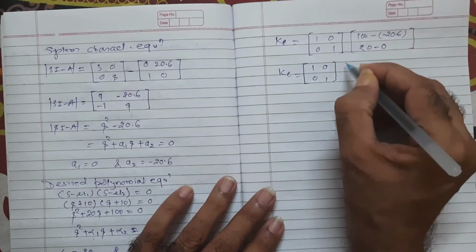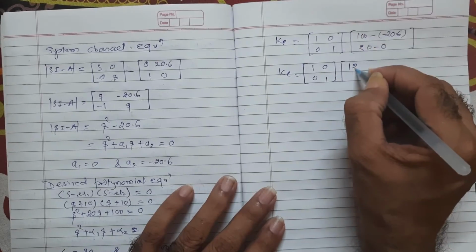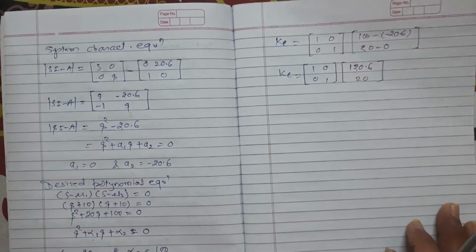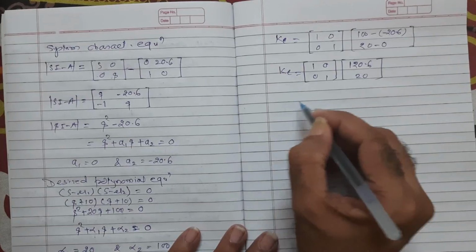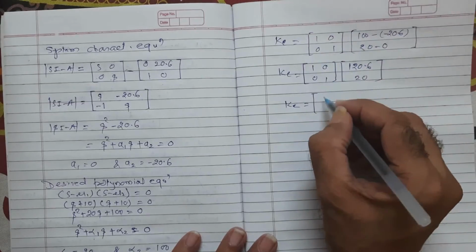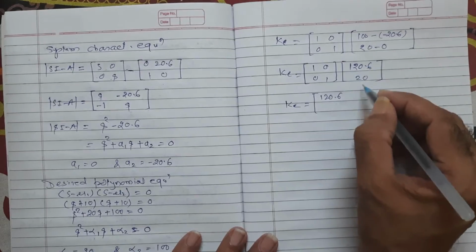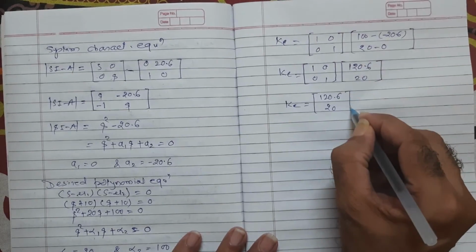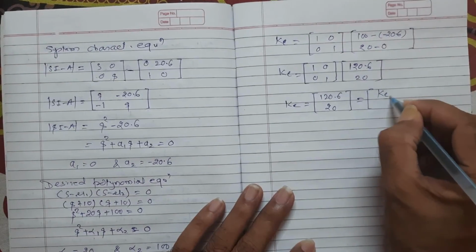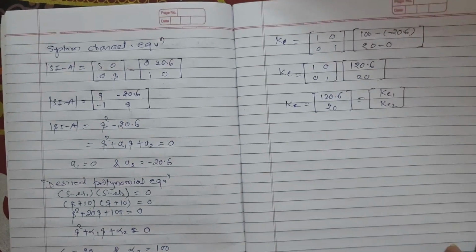So we have Ke equals the identity matrix times 120.6 and 20. Multiplying first row and this column, second row and this column, we get Ke equals 120.6 and 20, which is nothing but Ke1 and Ke2.